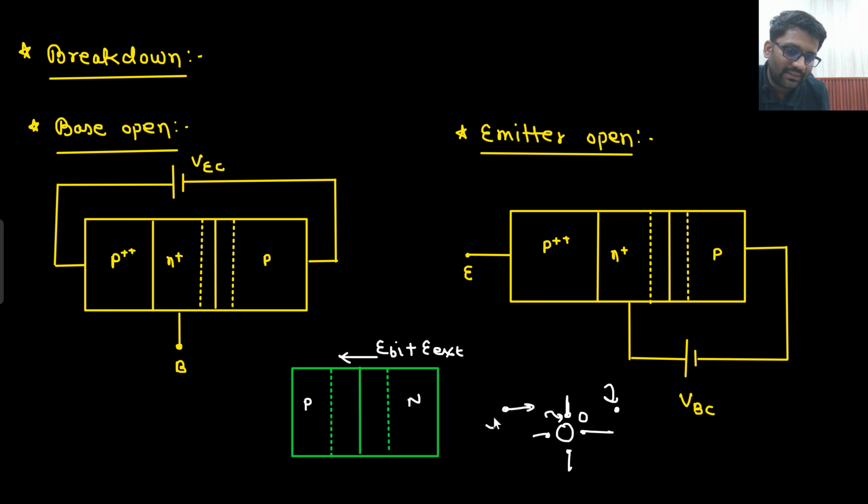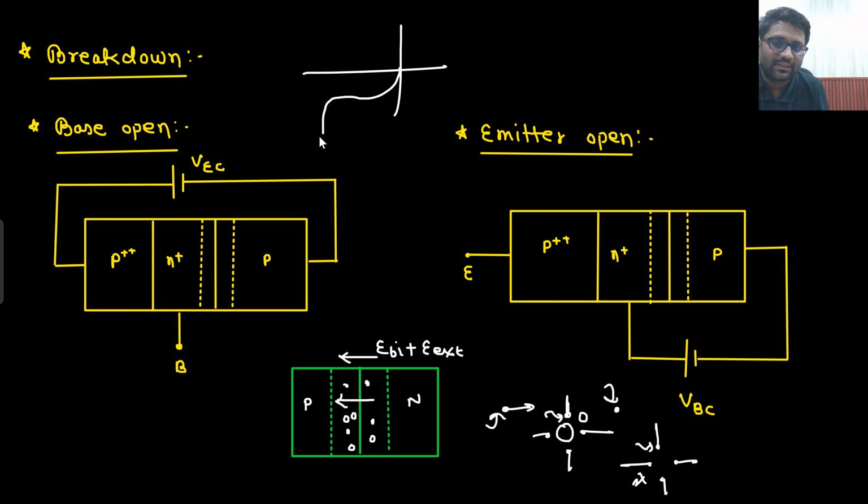Now this electron and this electron will knock off other bound electrons as well. Then more electron hole pairs will be generated. In that manner, a lot of excess electron hole pairs will be generated inside the depletion region, and those electron hole pairs will be swept away by this electric field and a large amount of current would flow, and this kind of characteristic we got.